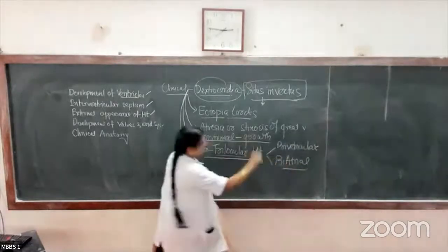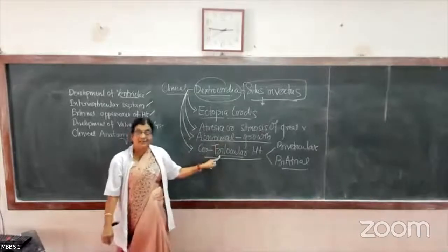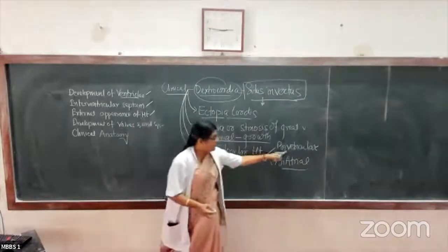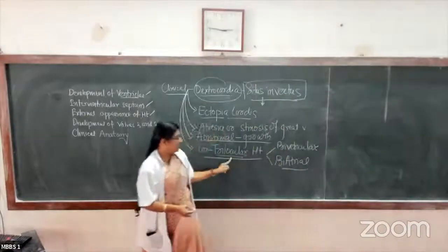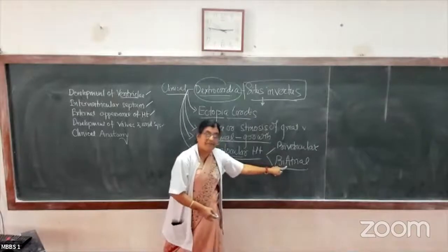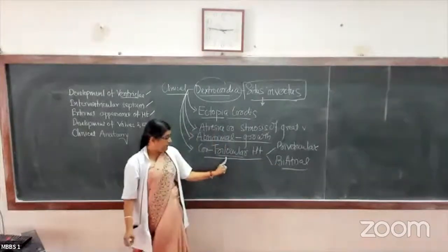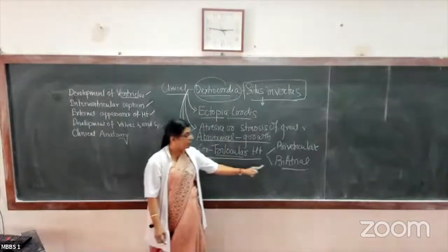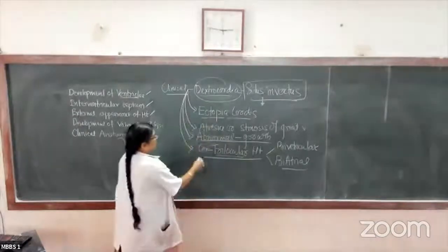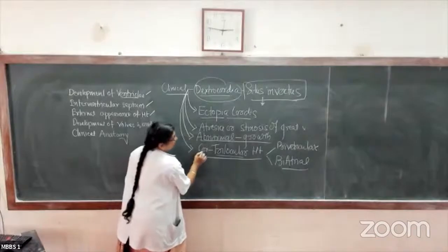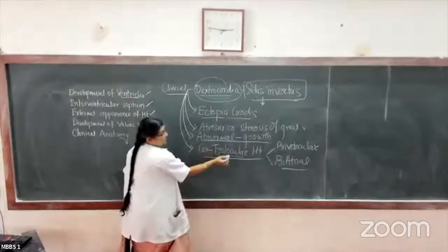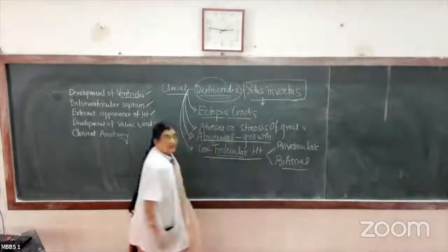Biventricular means 2 ventricles and 1 atrium, so 3 chambers are there, or 2 atria and 1 ventricle. In this way, it may be trilocular with 2 atria, which is known as biatrial. Okay. So when you mention the disease, it is known as trilocular biventricular heart or trilocular biatrial heart.